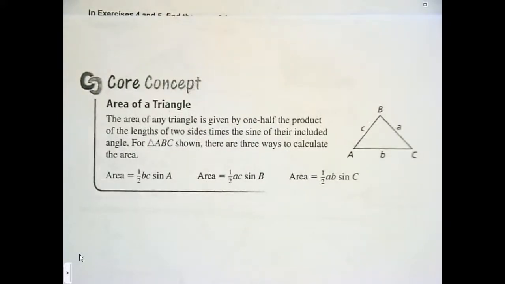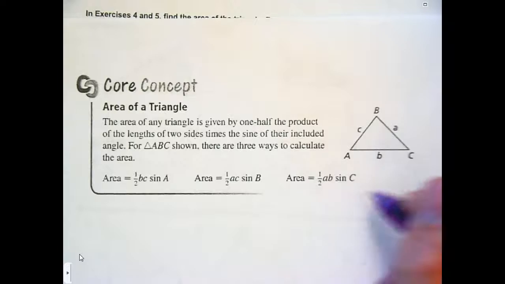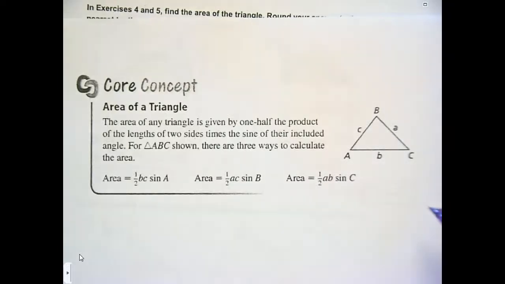Area of any triangle is given by 1/2 the product of the lengths of the two sides times the sine of their included angle. So if you know two sides of any triangle and the included angle, you can find the area.